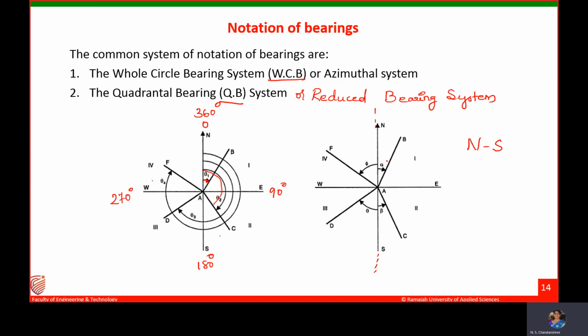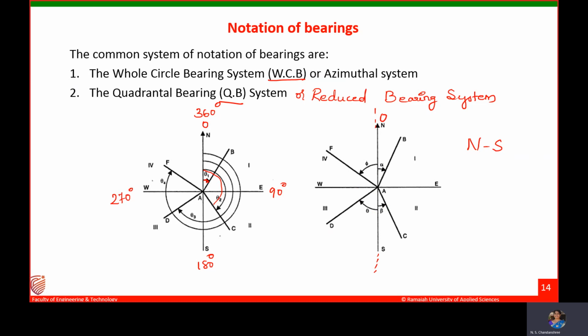That means if you are in the northeast quadrant or northwest quadrant, then the readings are taken from the north towards east or towards west respectively. If the line is in the southwest or southeast quadrant, then the readings are taken from south towards west and south towards east respectively. So the arrow marks here indicate the direction of taking the readings.